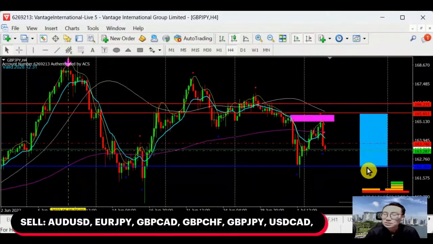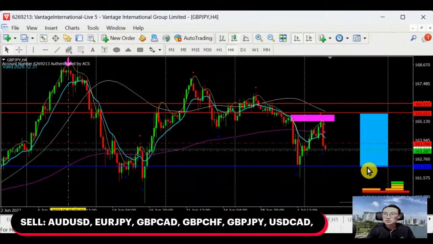Tentatively, but of course, it will never be such a smooth journey, it will not go straight down. We'll have some pullbacks, maybe 100 over pips, 200, then come back again, right? So once again, we cannot just base on this and swing our trade just to grab the profit.